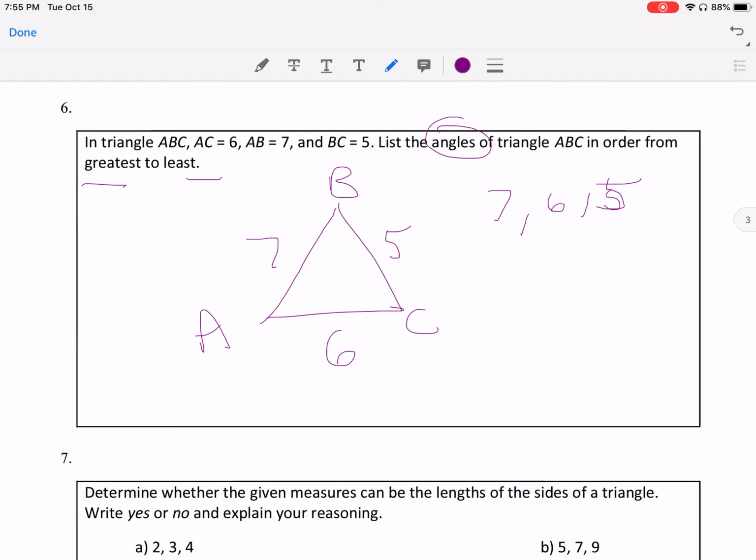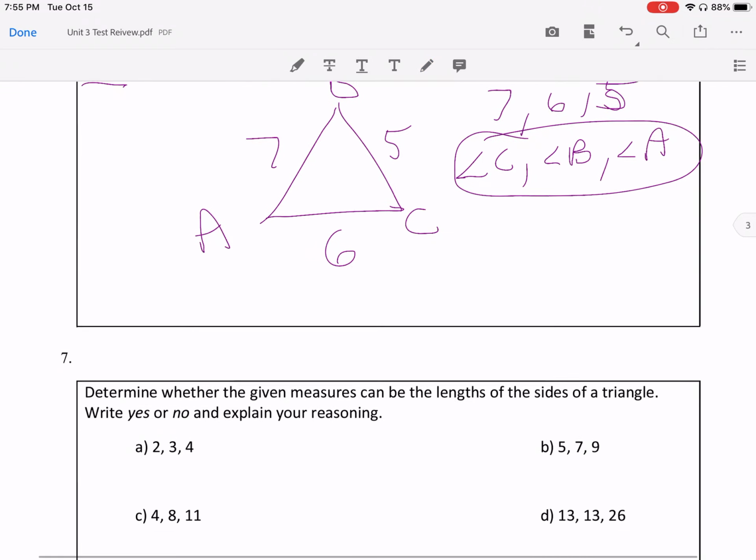Okay, and then I list the angles opposite those sides. The angle opposite 7 is going to be angle C. We don't have to put measure of because we're not saying greater than, less than, we're just ordering them. The side opposite 6 is angle B, and the side opposite 5 is angle A. So there you go, from least to greatest.